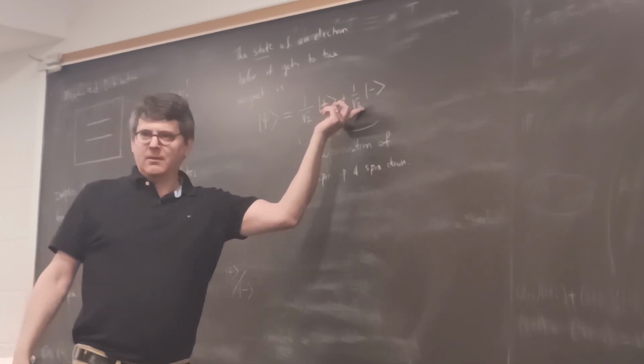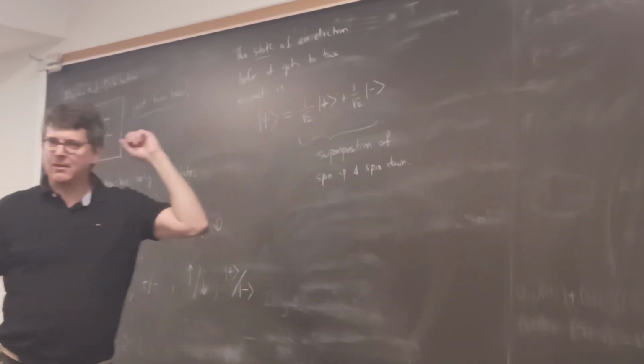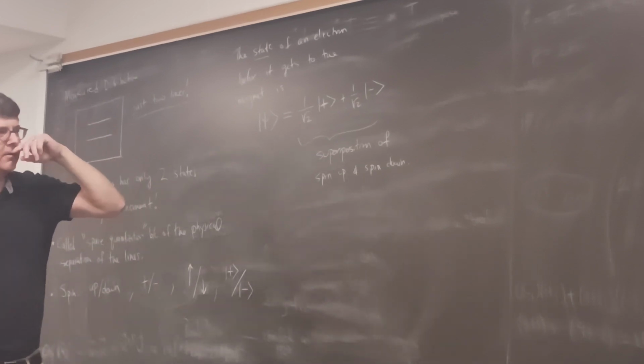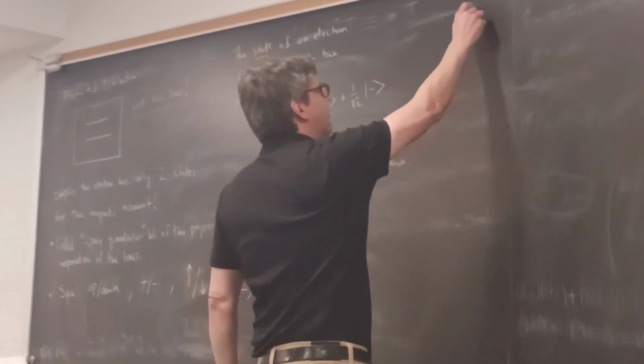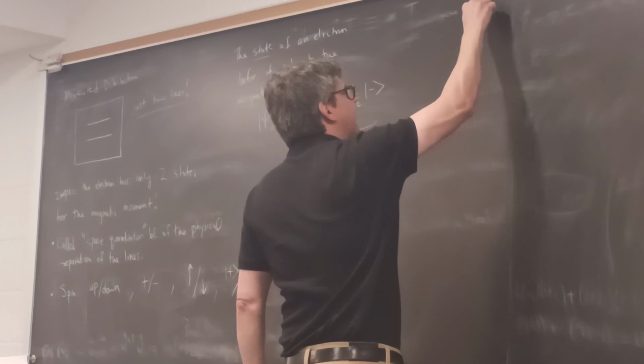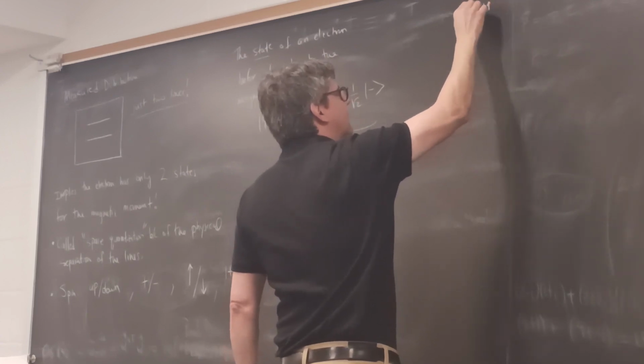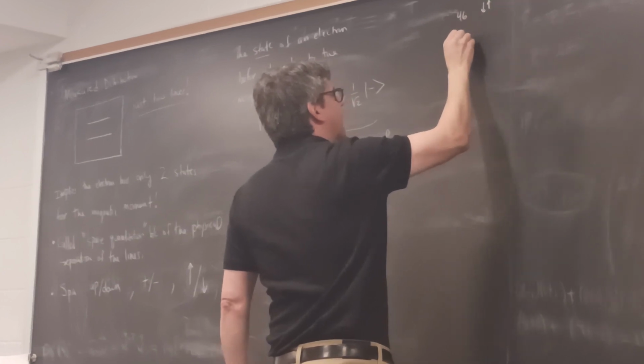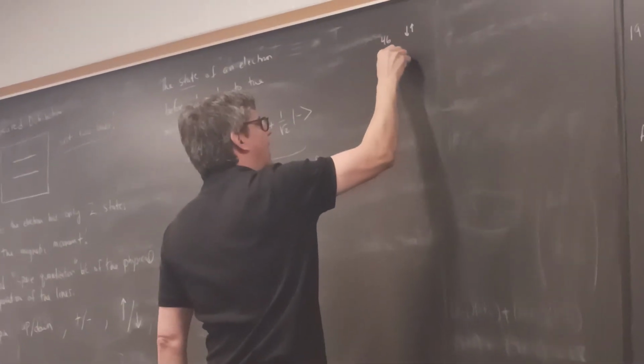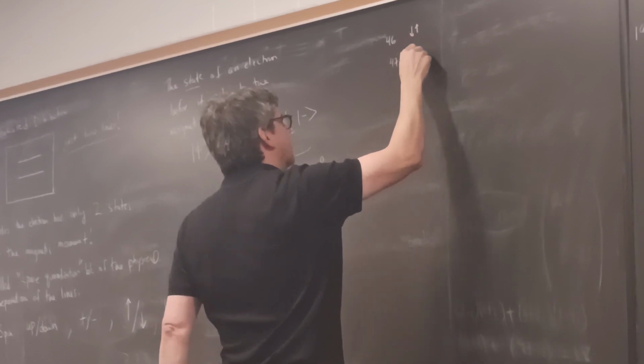Or at least 46 of them are, right? No, 46 of them are paired. So you can think of the first 46 as being like this, and then the 47th atom or electron is in this state.